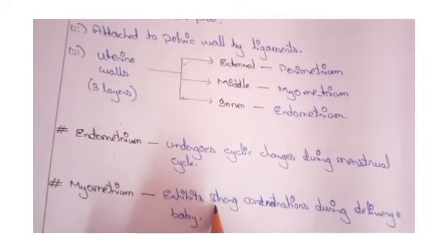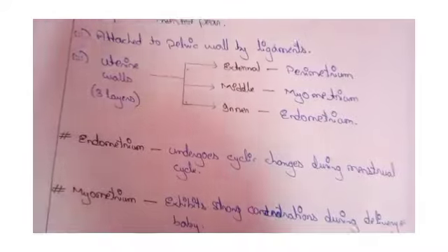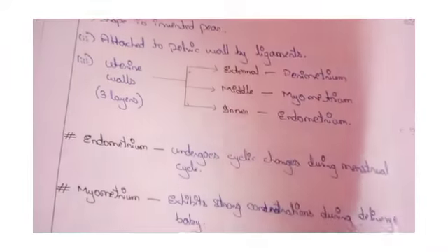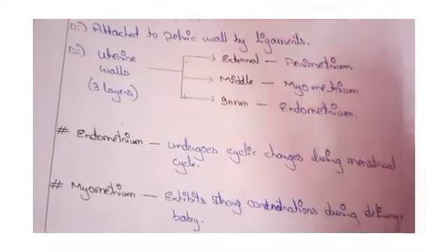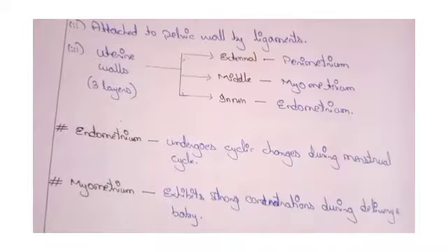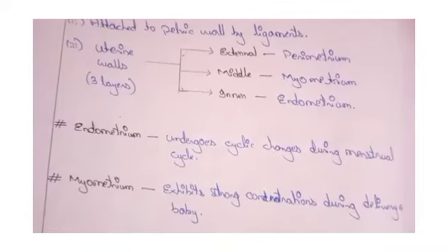Myometrium exhibits strong contraction during delivery of a baby. Myometrium is the middle part of the uterus. If the layers do not contract, then how can a baby come out of the uterus of the mother?